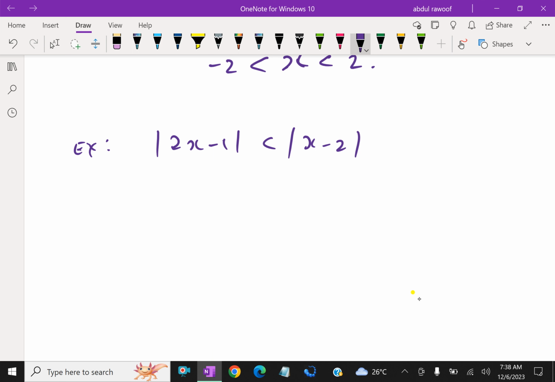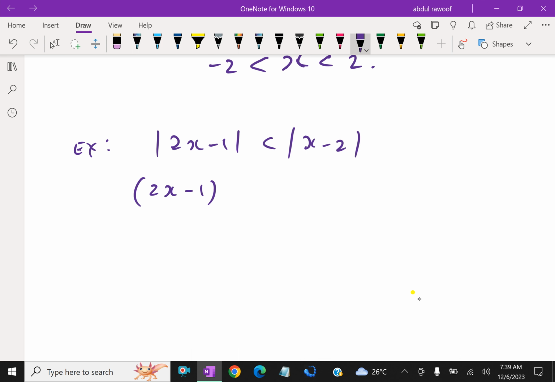Look at this. How to solve this one? Here the absolute value of 2x minus 1 we will take first.